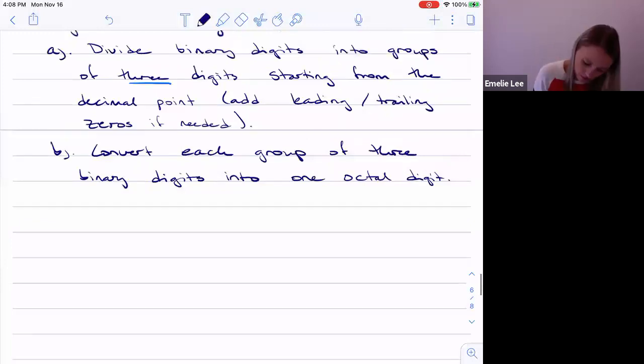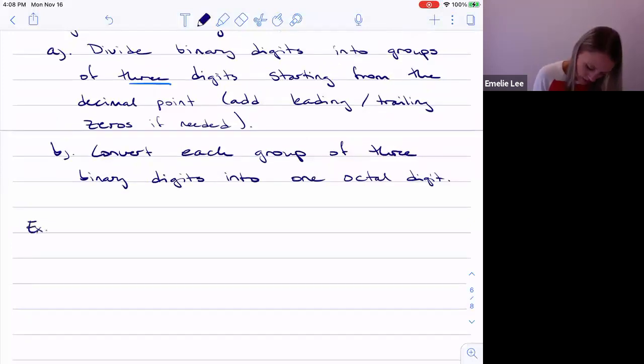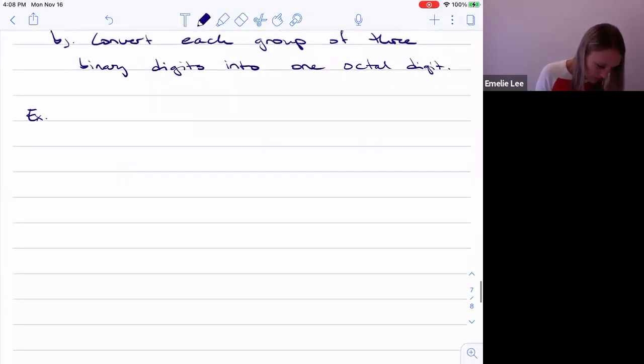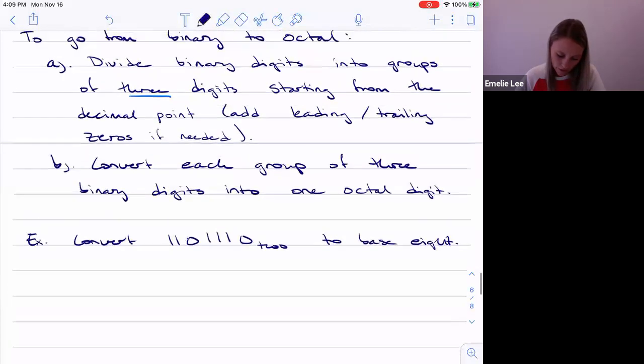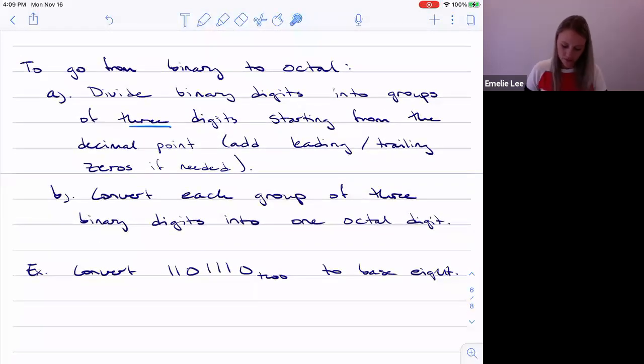Let's do an example. I'll try to keep the steps on here, but first I'll write it out. Convert 11101110 base 2 to base 8. So here we're going from binary and we want to go to octal, okay?